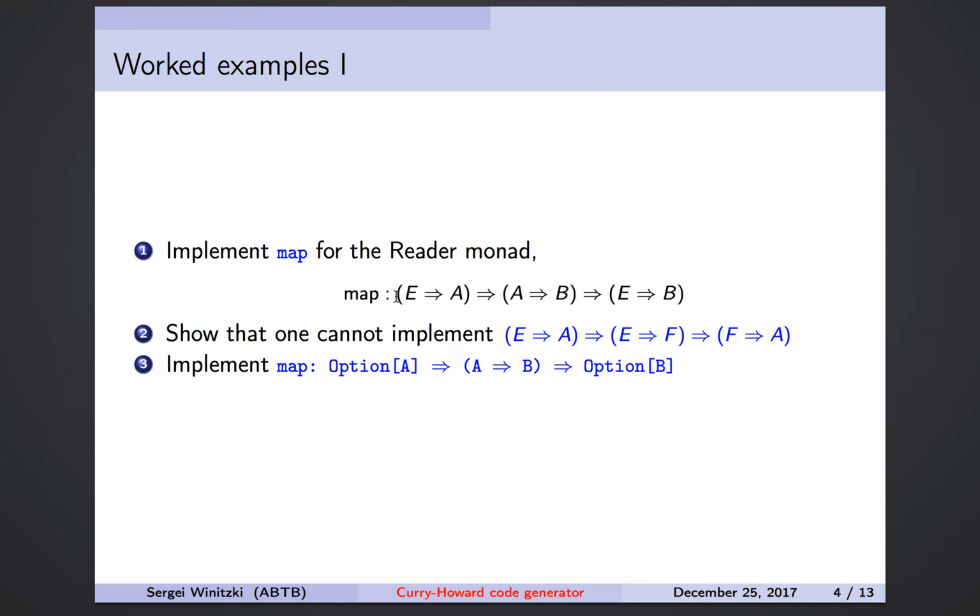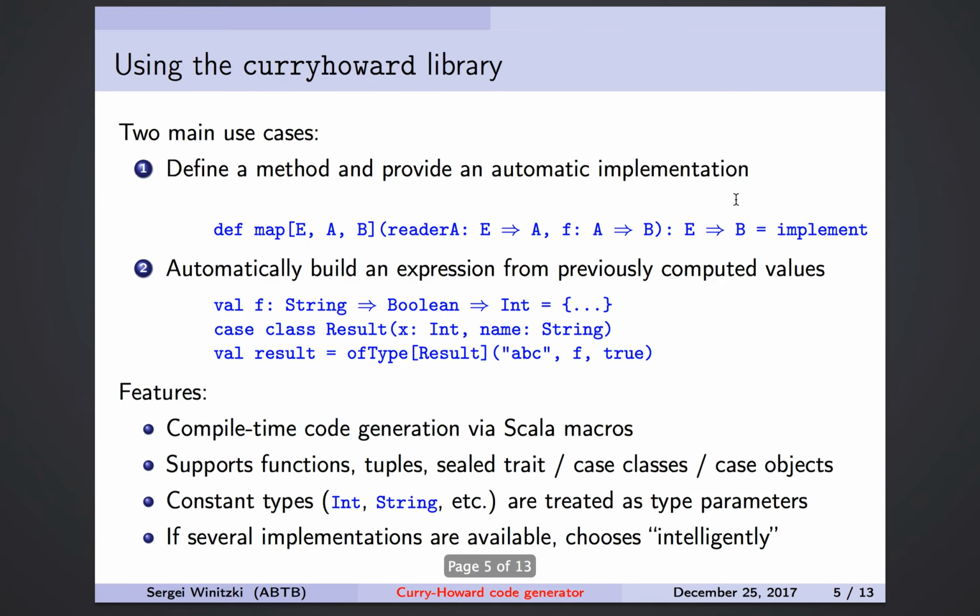So it has two arguments, e to a and a to b, and it produces e to b. In the more conventional Scala syntax, I would write it like this. I would put the arguments on the left-hand side like this, and then the type of the function's return value is e to b.